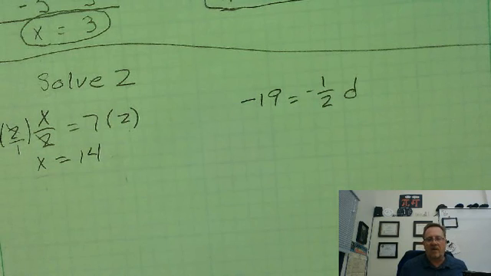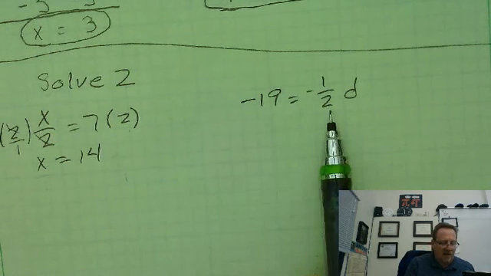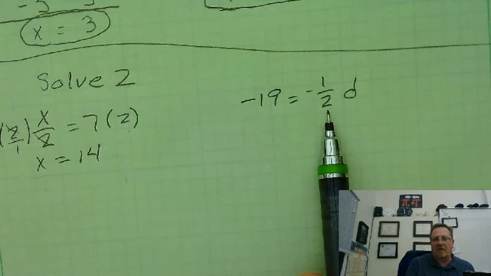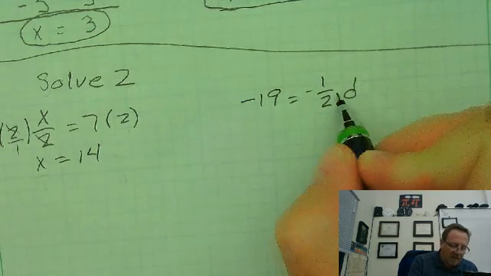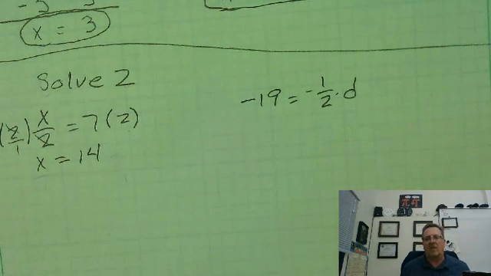Alright, how do we solve? Well, we look for what's going on. Over here I'm multiplying by negative 1/2. There's an implied multiplication here that says negative 1/2 times d.